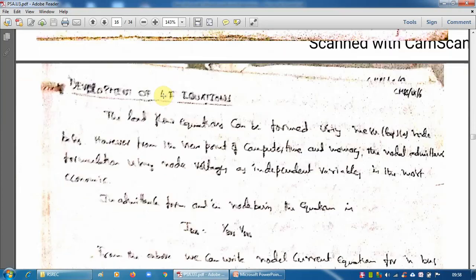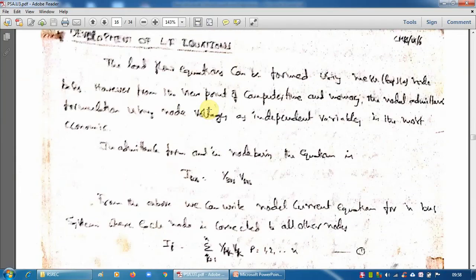In today's lecture, we will see how the load flow equations or load flow problem is to be formulated.